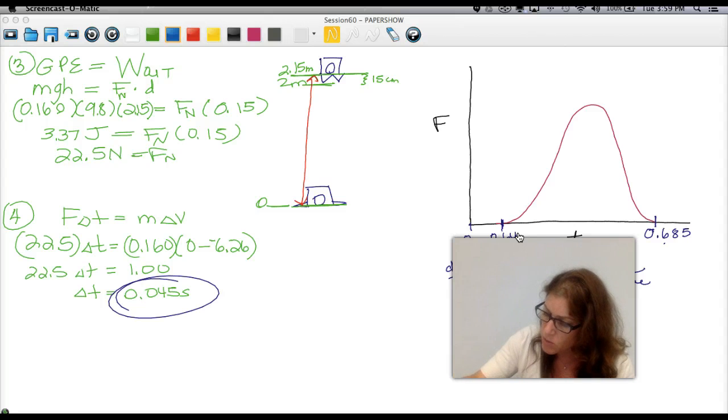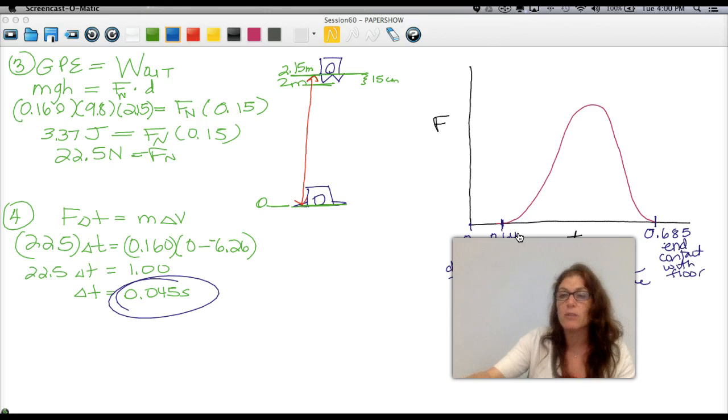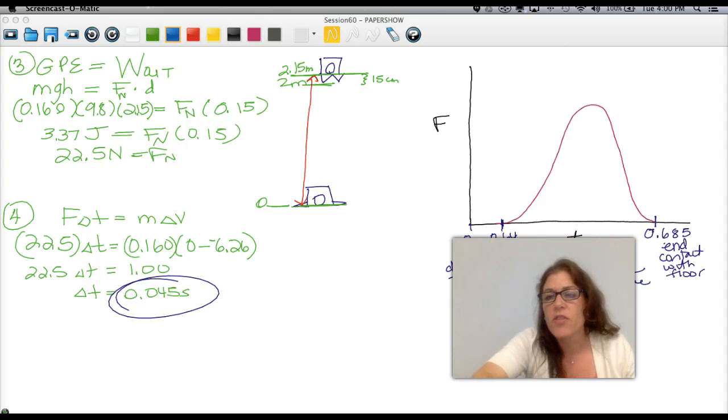This is coming to a stop, or bouncing off, really. End contact with floor. The assumption being that it bounces up, which most of yours do. So this is not to scale, obviously. This part should be much bigger than this.